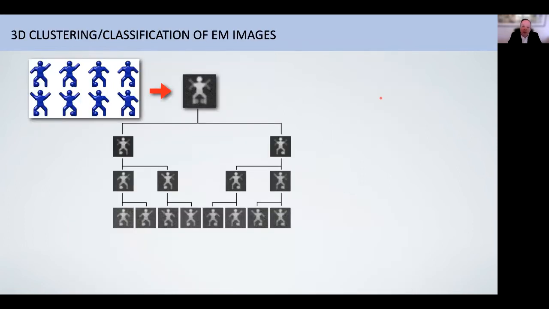Now, something that really makes cryo-EM extremely powerful is the fact that it can take advantage of very sophisticated image clustering algorithms. So if you have, for example, a biological molecule that adopts different conformations, you can use image clustering approaches to separate different conformations of that molecule.